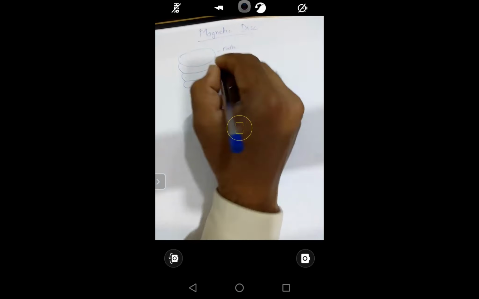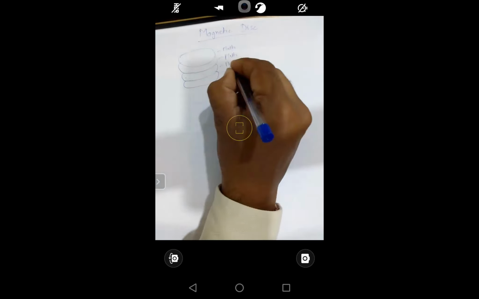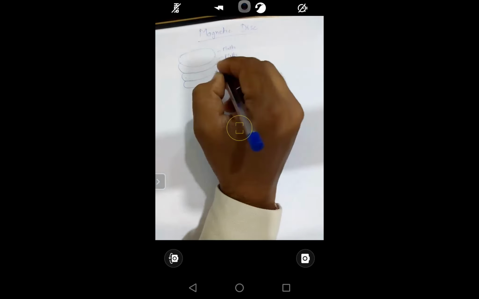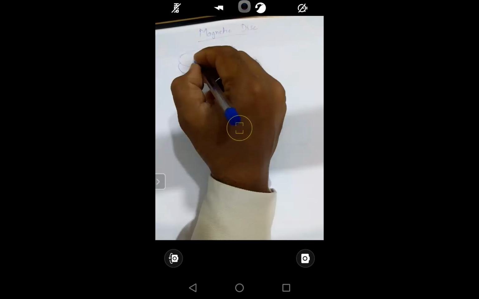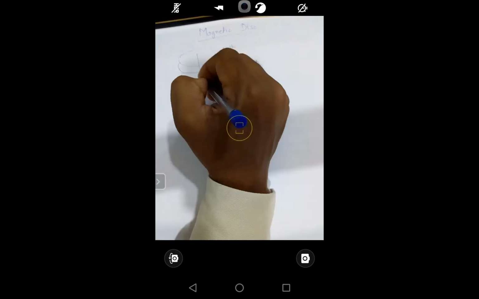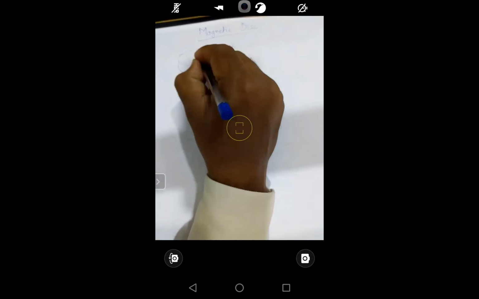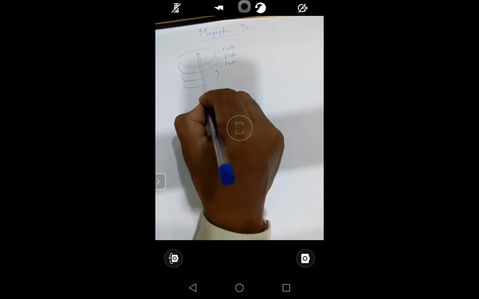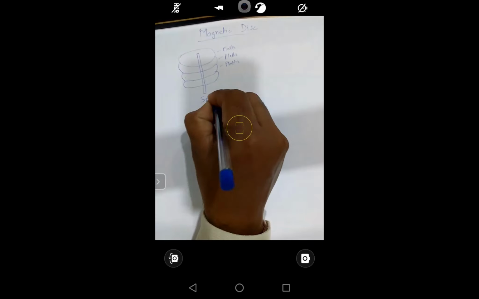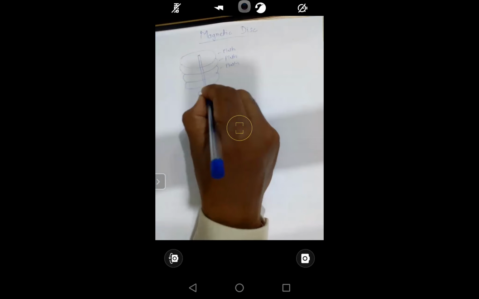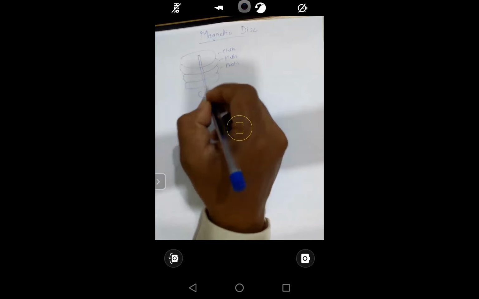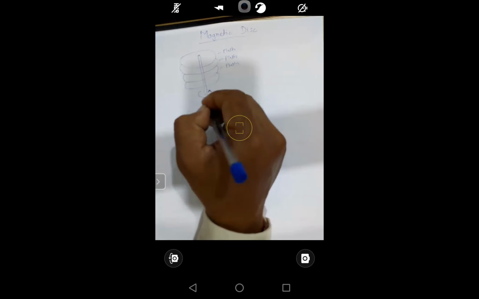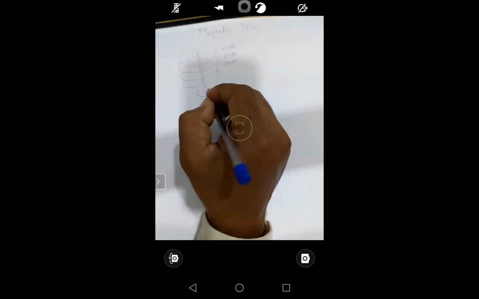You might have seen a CD. Like a CD, these kinds of disks are in the hard disk, and all the disks rotate with the help of a spindle, clockwise or anti-clockwise, in one direction at a time. The motor is attached here, and it rotates either clockwise or anti-clockwise.